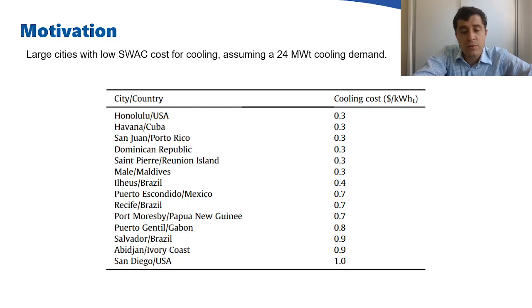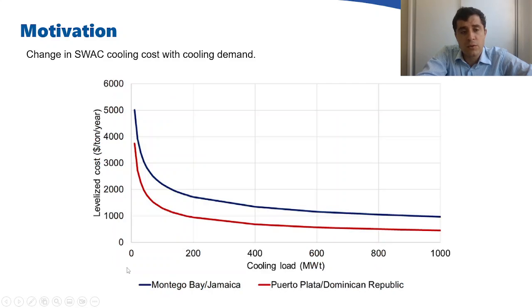Comparing the costs at different islands and large cities, you have Honolulu, Havana, San Juan, Dominican Republic, Saint Pierre, Mali, Ilhéus in Brazil, Puerto Escondido, Recife, Port Moresby, Port Gentil, Salvador, Abidjan, and San Diego.